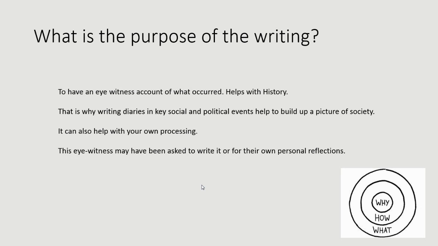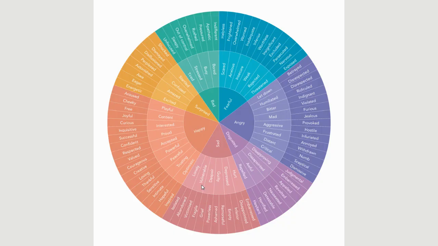And that's why sometimes with these eyewitness and personal accounts, you have emotions and sometimes rhetorical questions when they're thinking and processing what's going on. So this eyewitness may have been asked to write it, or they've simply written it for their own reflections. We don't know. But we've looked at the what and we've looked at the how, and you can start to think about why they have written it. You can decide what you think the purpose of the writing was.